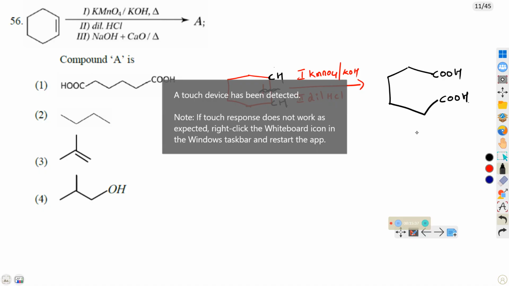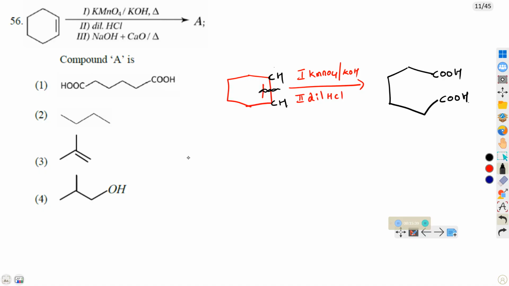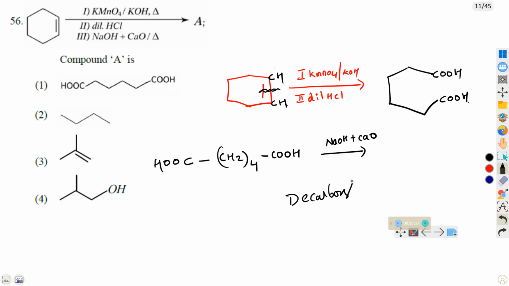Now it reacts with NaOH, CaO. COOH, CH2 taken 4 times, COOH reacts with NaOH plus CaO. Which process takes place? Decarboxylation process takes place. So, two carboxylic acid groups are present.